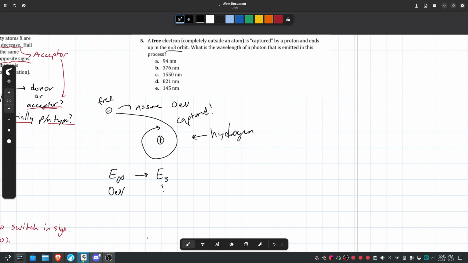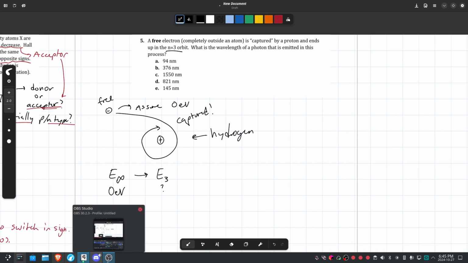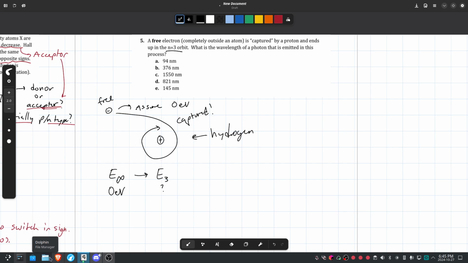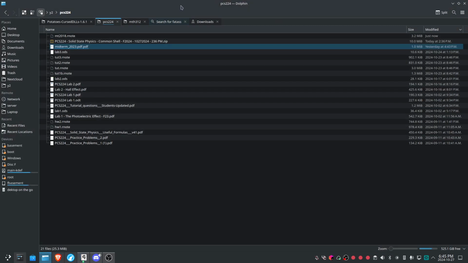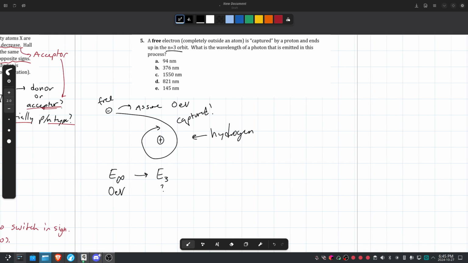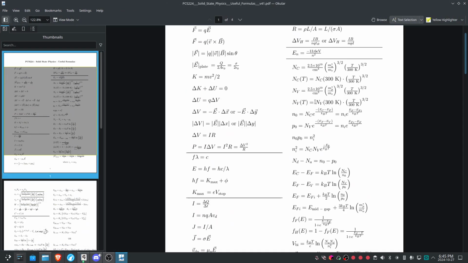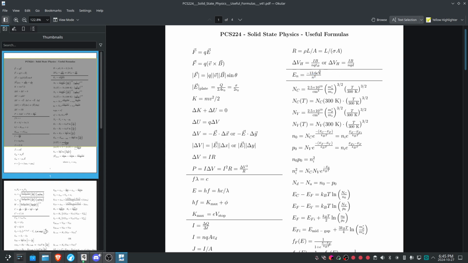Let me pull it up. Here it is. We use this formula right here.